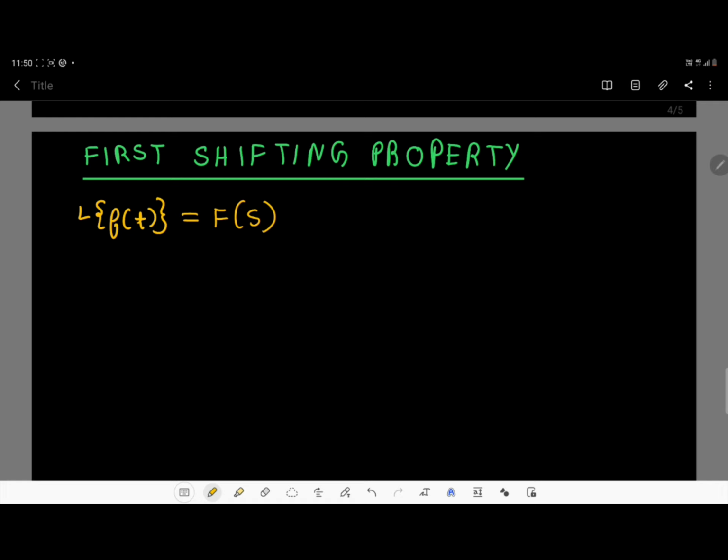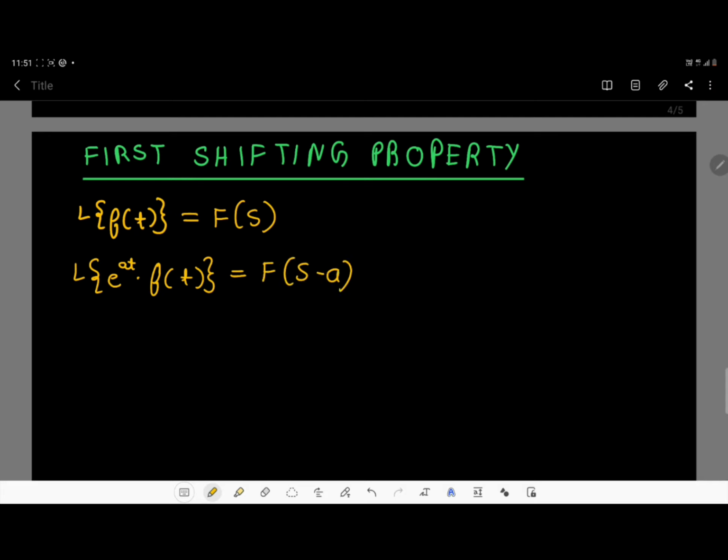And if the function is multiplied by an exponent, suppose e raised to power at, so the Laplace transform of e raised to power at into f of t, then this will be f of s minus a.